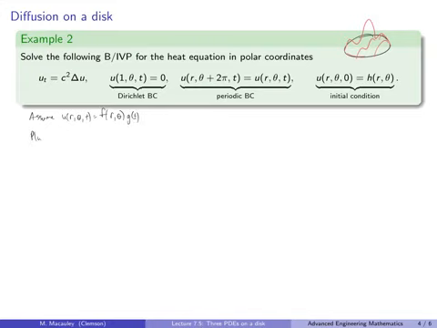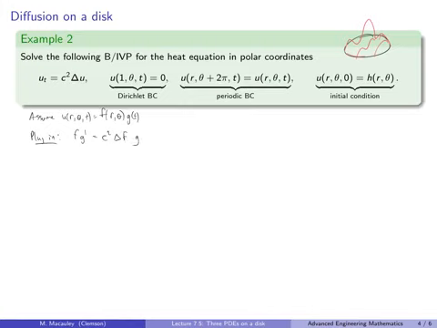And let's plug in. Again, I'm not going to do the individual derivatives. I think we can do this all at once. So u_t, the left-hand side, is f times g prime. And then the right-hand side is c squared times Laplacian of f times g.